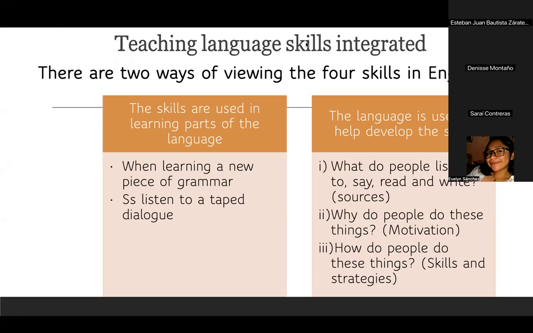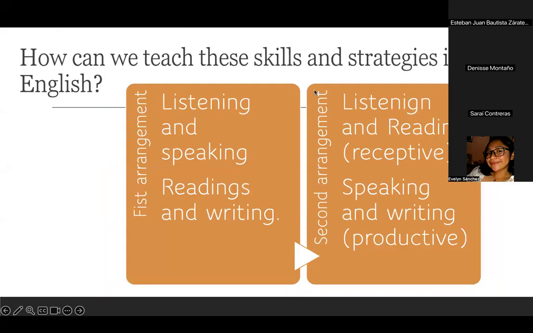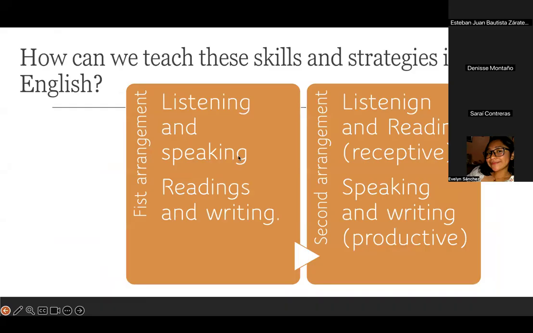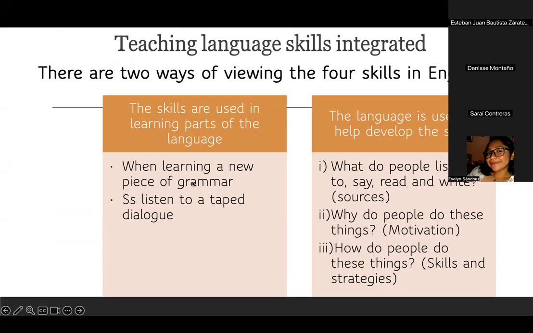So, as you could see, there are two ways of viewing the four skills in English. Sorry, the first way, I'm going back. The first way is, when you are learning a piece of grammar, for instance, you are going to start listening through a tape recording of a dialogue.